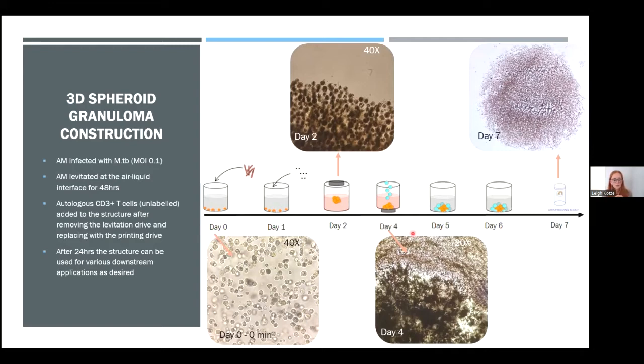This is because we wanted to rely on natural chemotactic gradients to allow for the T cells to migrate towards the core. We then culture the granulomas for a further 3 days up until the day 7 time point, after which we process them for downstream applications.